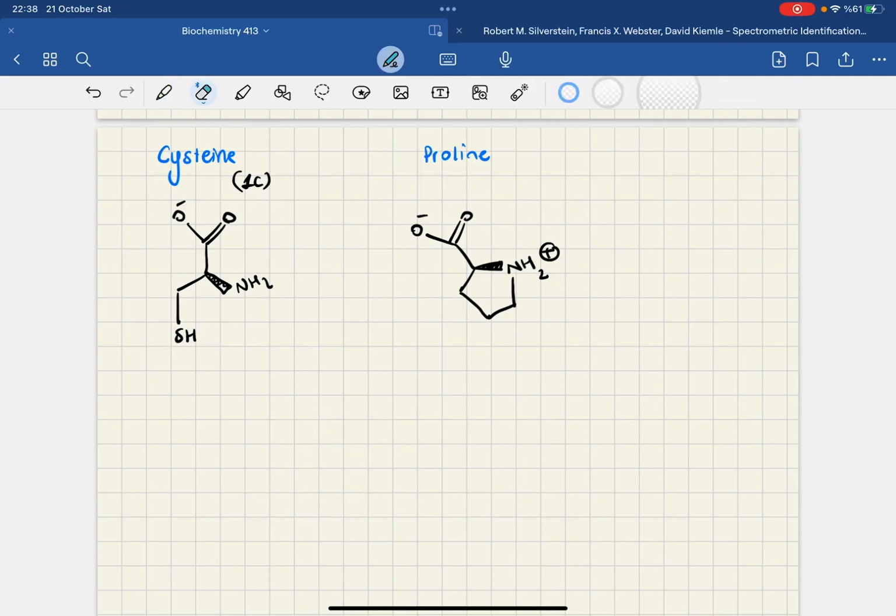This might be a very easy way to memorize the structure of leucine. Now, I will show you why in a minute. Leucine is like a valine, but just extended. All right, makes sense. And now I will show you how that happens.